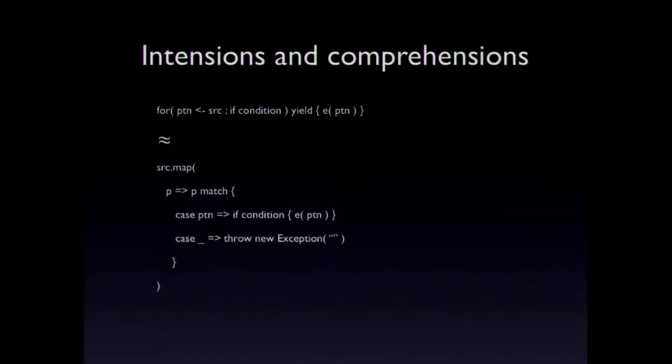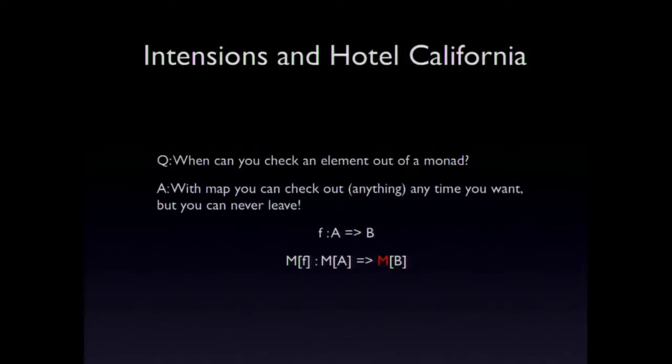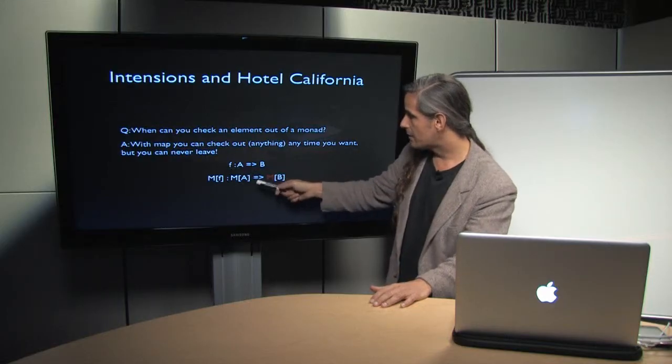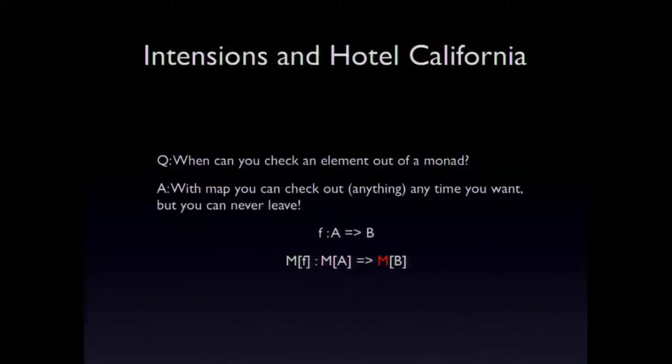This is effectively the semantics. So now we can see exactly, this lines up precisely with the type construct from before. Map takes a function from A to B and turns it into a function from MA to MB. That's what's going on here. We never get out of the monad.